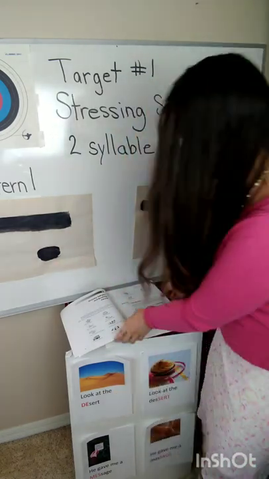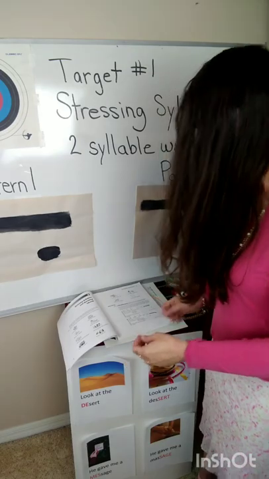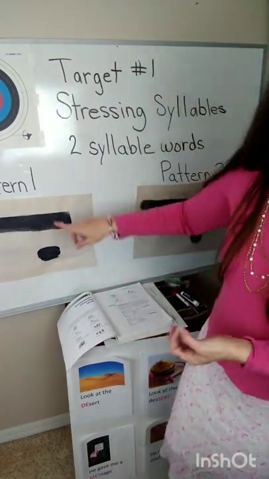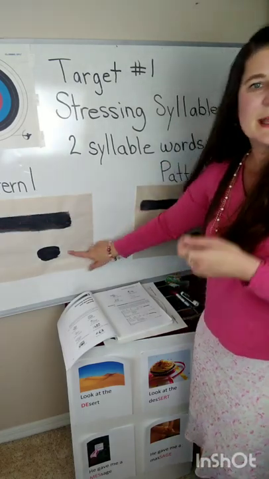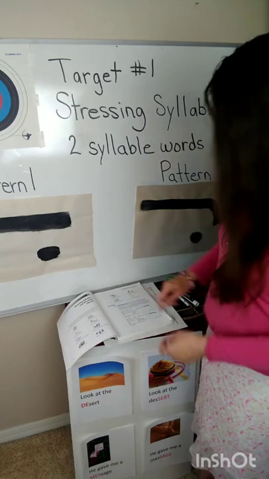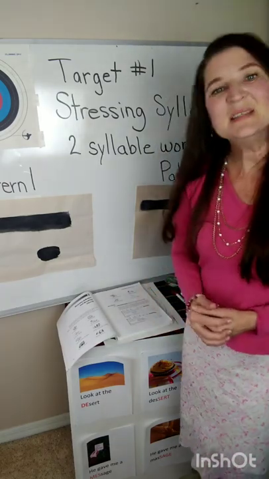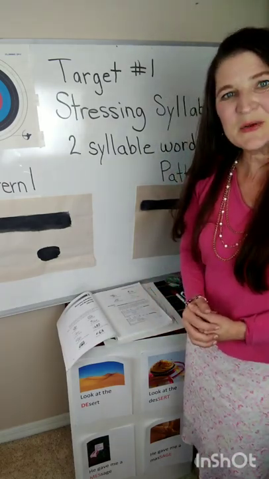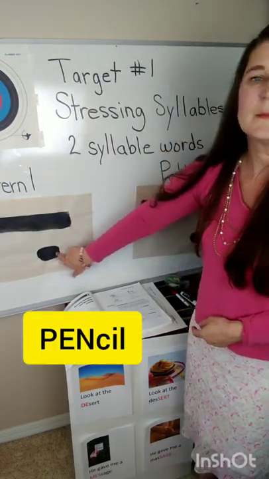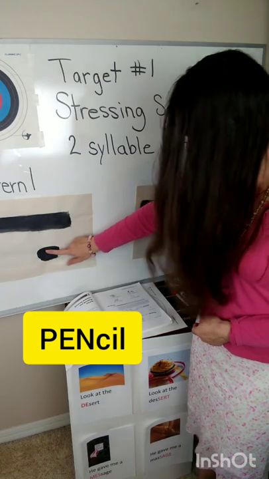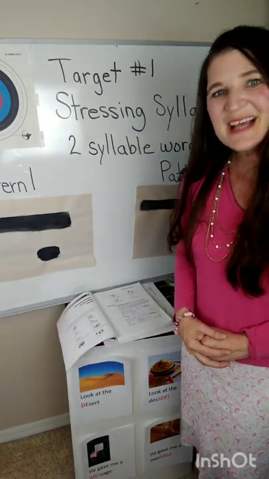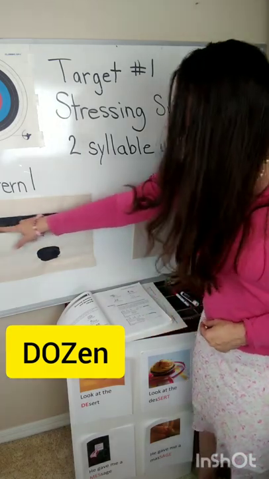I'd like to share with you some different words. What we're going to do is you will tap as I point and slide. Slide and point. Pencil, pencil. Dozen, dozen.